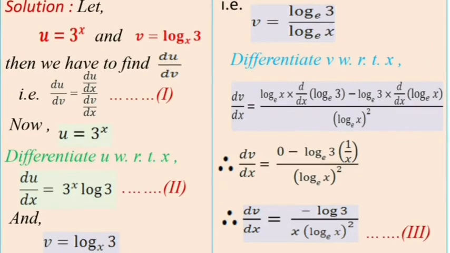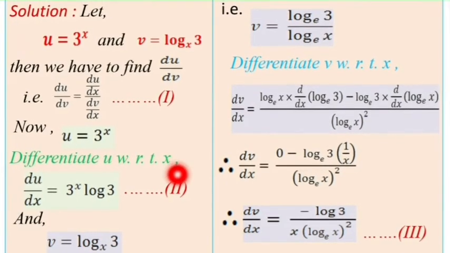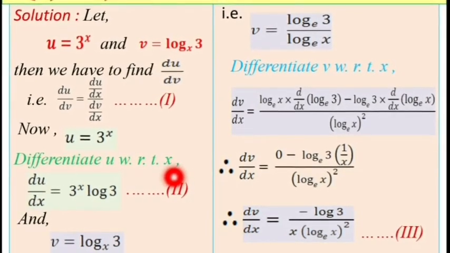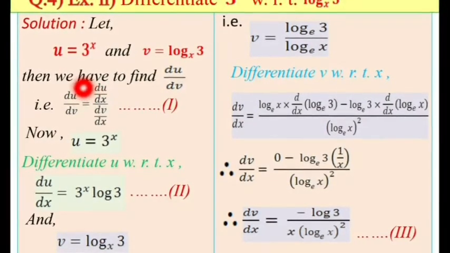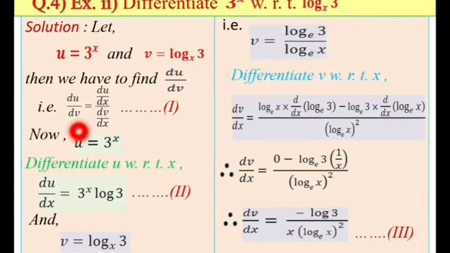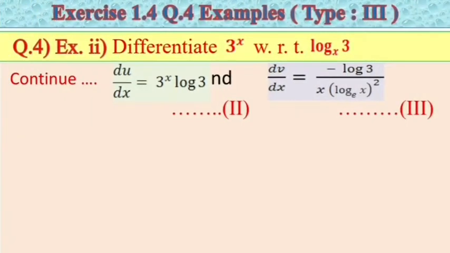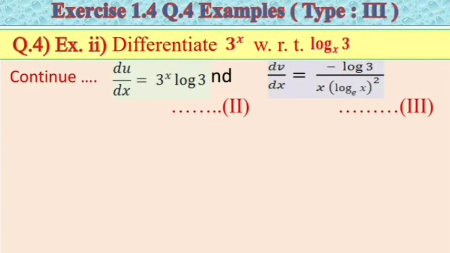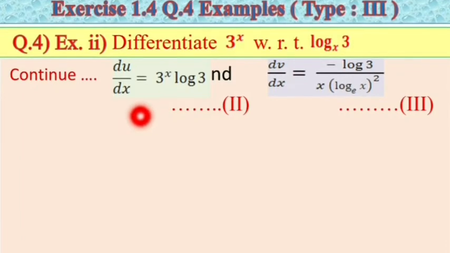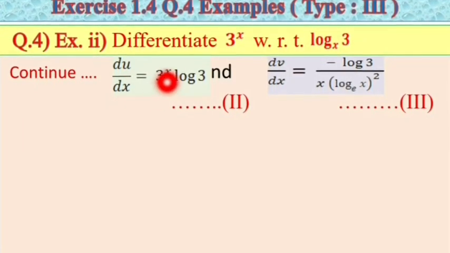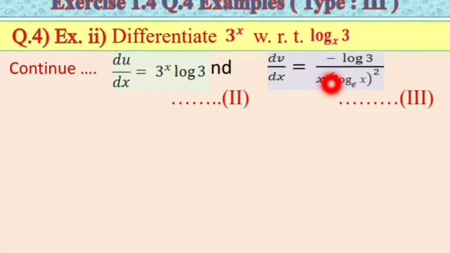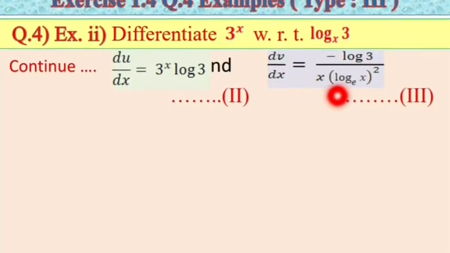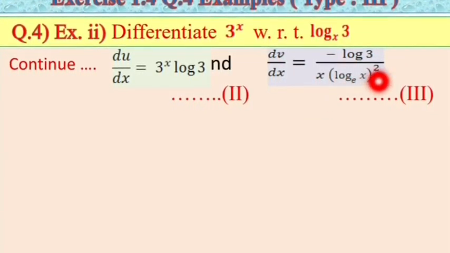Now substitute the values of equation number second and third in equation first, then we can get the derivative of u with respect to phi. Continuing this example from the last page, we have already derived du by dx equal to 3 raised to x into log of 3 and dv by dx equal to minus log of 3 divided by x log of x to the base e bracket square.